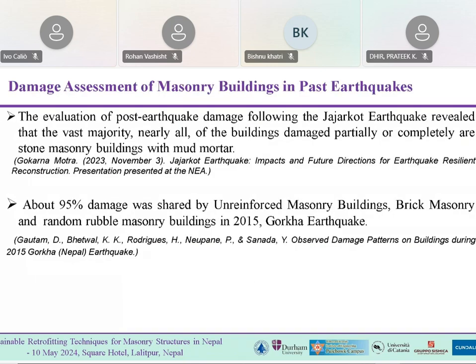Also the damage explained by Dr. Motra sir: for the Jajarkot earthquake, most of the damaged buildings were stone masonry with mud mortar. And also in the Gorkha earthquake in 2015, 95% of the damage was to unreinforced masonry structures, which were brick masonries or random rubble masonries.